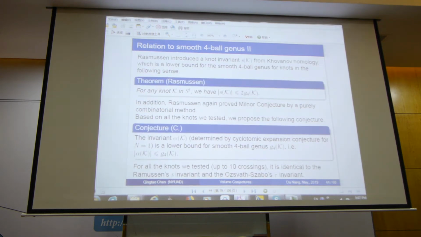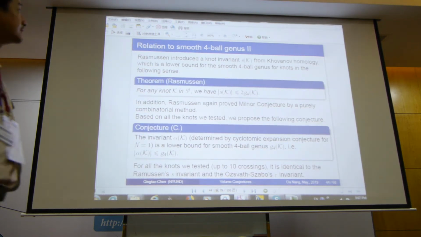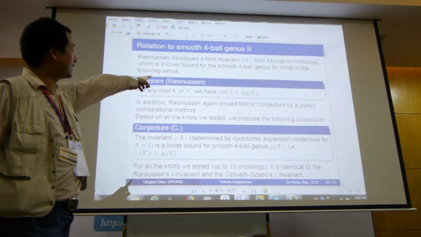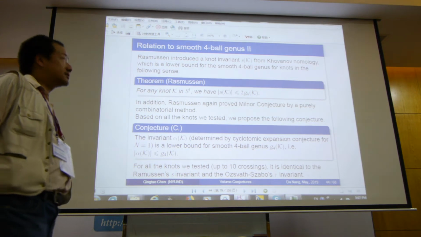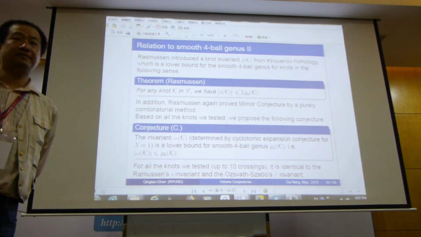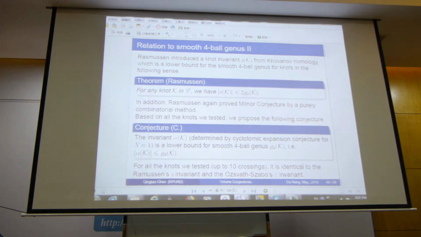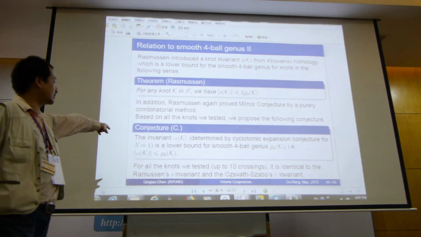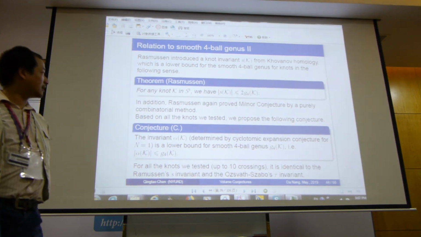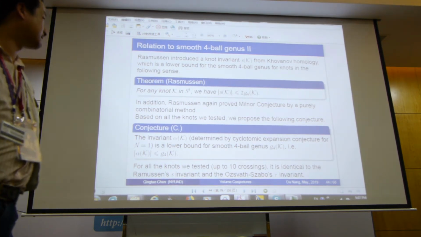Rasmussen introduced the knot invariant s(K) from Khovanov homology, which gives a lower bound of the smooth four-ball genus: |s(K)| is at most 2 times g4(K). He then used this method to give a second proof of the Milnor conjecture. And here we make a conjecture: my invariant alpha k is also a lower bound for the smooth four-ball genus g4(K).